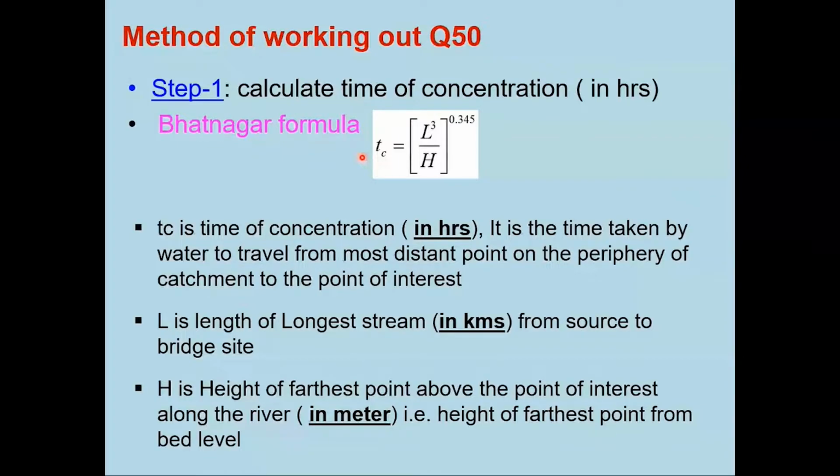It is calculated from L, the longest stream, and H, the height of the farthest point above the point of interest. That is, from the bridge to the farthest point, what is the height difference, without going for any statistical slope. We will be using this value. Again, this is an empirical formula, so you find that L is in kilometers while H is in meters. TC will come in hours.